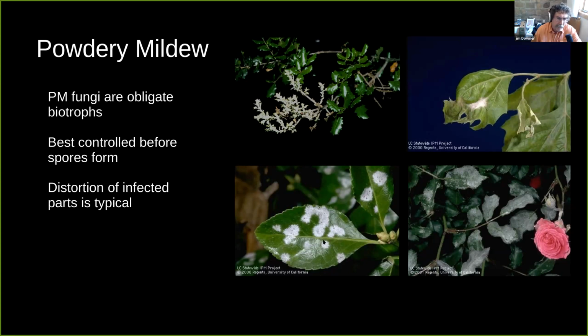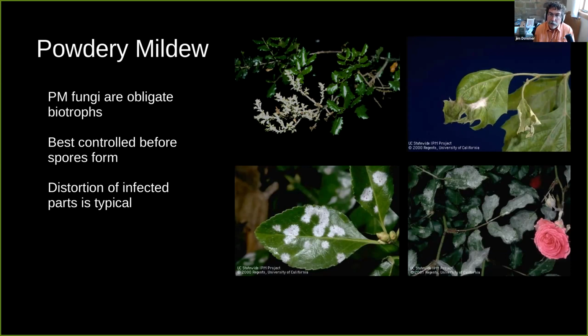Euonymus is probably pretty tolerant, but this infection likely happened on a leaf that was already formed, so it's not distorting it too much. But on rose, the leaves are distorted and the flowers will not form properly and will be distorted as well. So the big problem with powdery mildew is distortion.